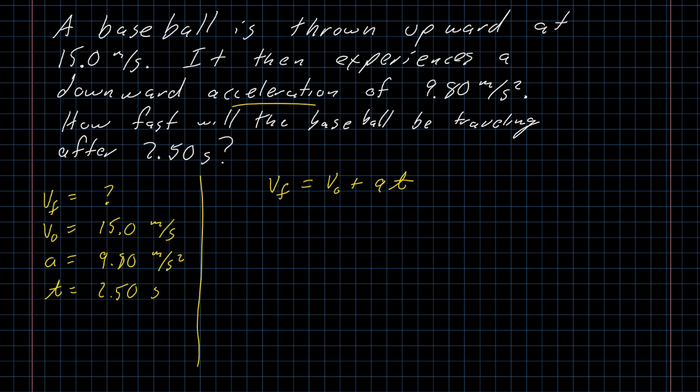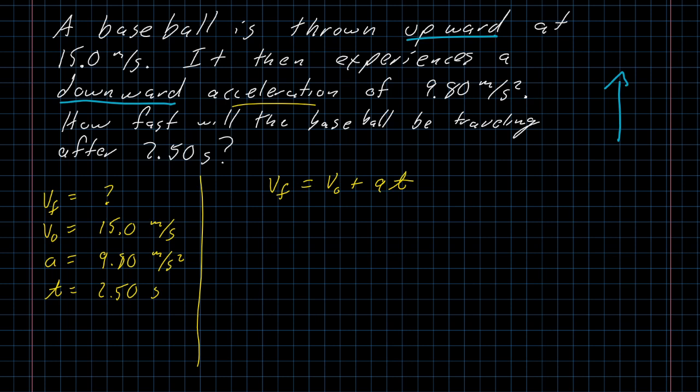But I forgot something when I went through that so quickly. The baseball is thrown upward. The acceleration is downward. Those are different directions. It's up and down instead of left and right, but the same idea still holds. Well, we have a choice to make.